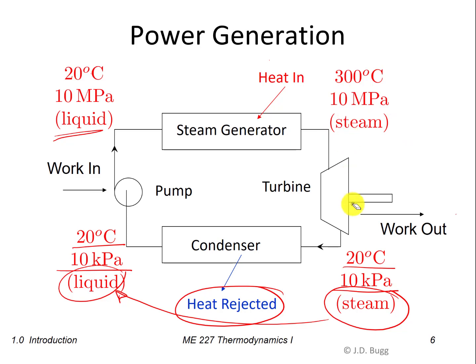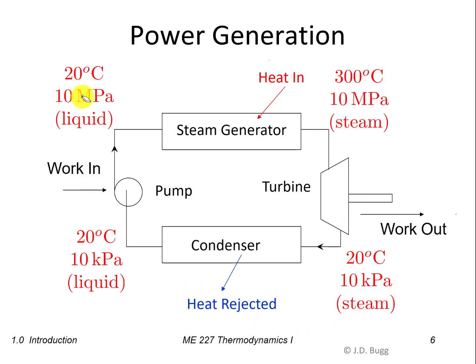So this is a typical power generation cycle, and hopefully it illustrates the connection between those two parts of the definition of thermodynamics I gave. The study of energy transformations, so heat and work transfers like these, and the connection of those with changes in properties. So that's the changes in the properties of this water that results when we add or remove heat, or when we add or remove work.